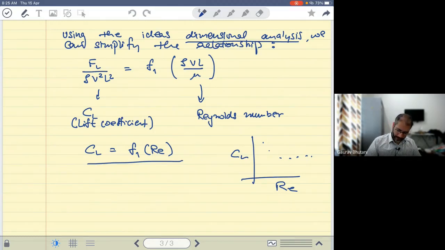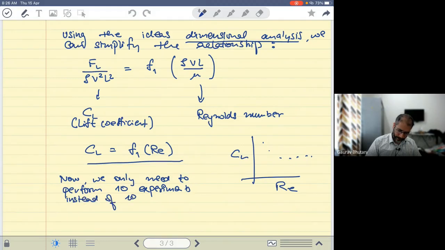So now we only need 10 experiments instead of 10,000. So that's made our life extremely easy.